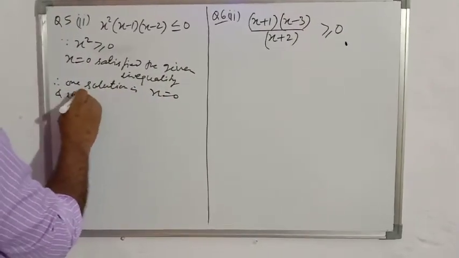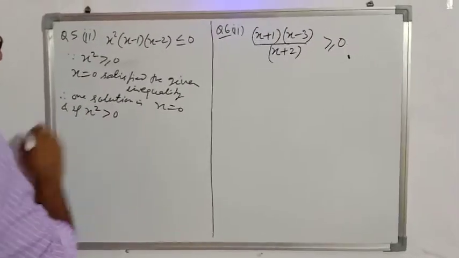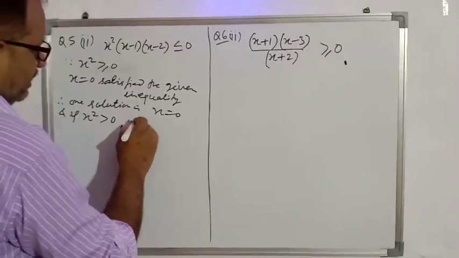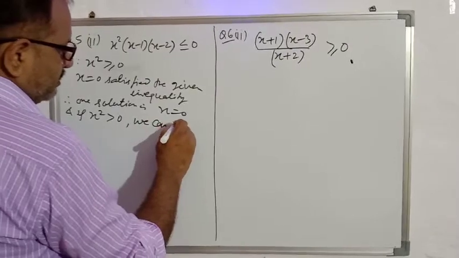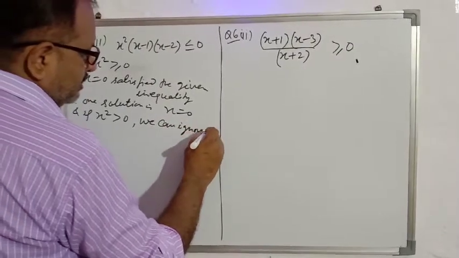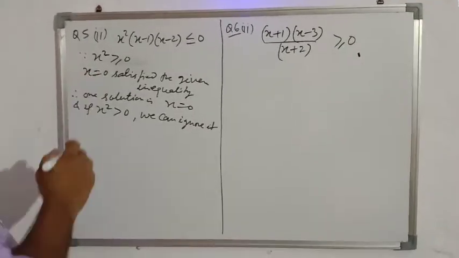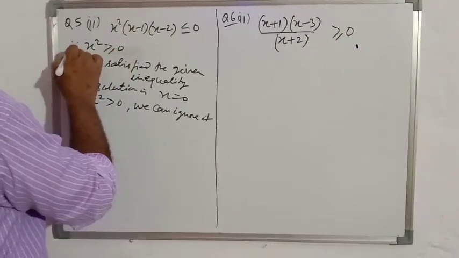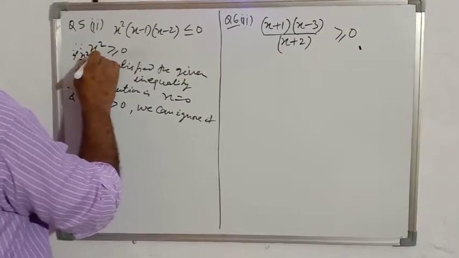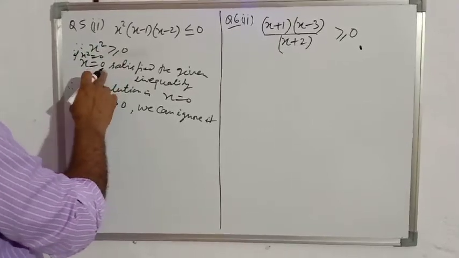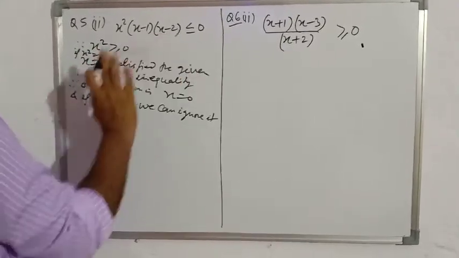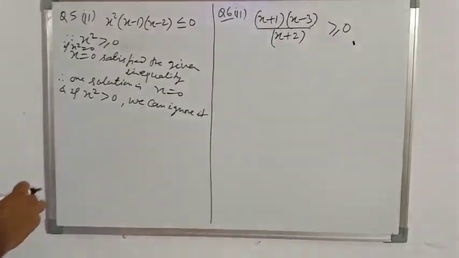And if x square greater than 0, we can ignore it. If x square is equal to 0, means x is equal to 0, x is equal to 0 satisfies it. So one solution is x is equal to 0.